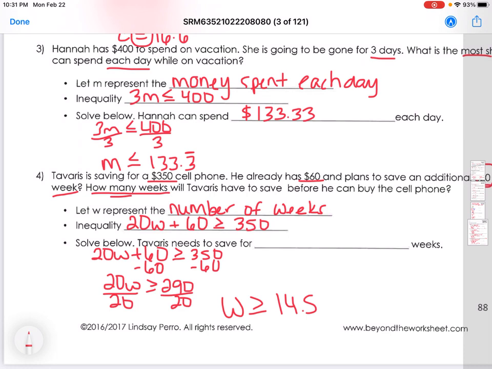So he needs to save for at least 14 and a half weeks. And depending on the problem, if he couldn't save for half of a week, then he could save for 15 weeks. So I could say at least 14 and a half weeks.